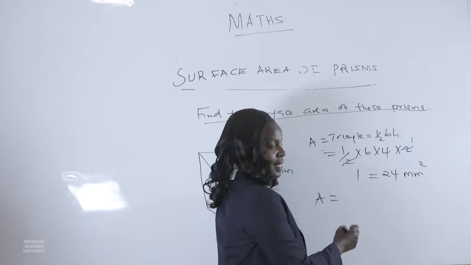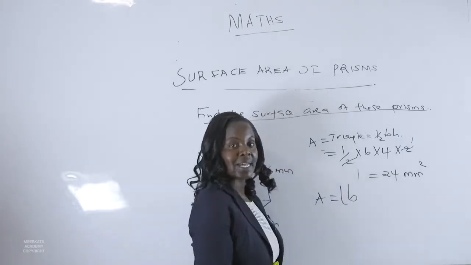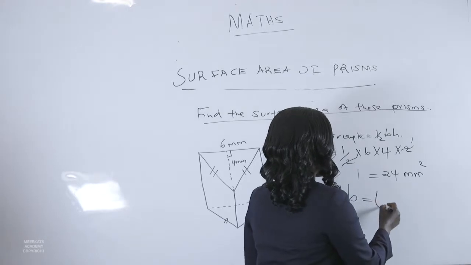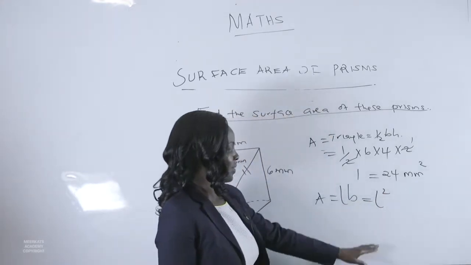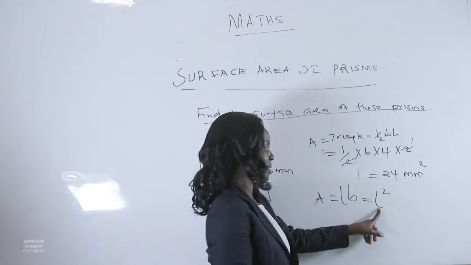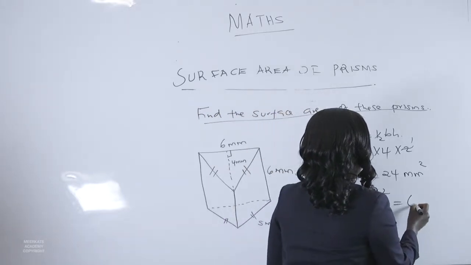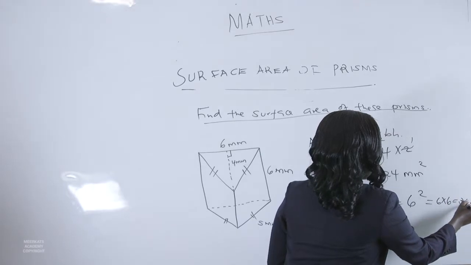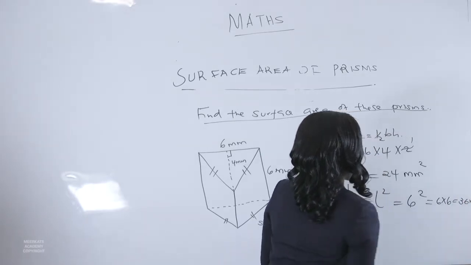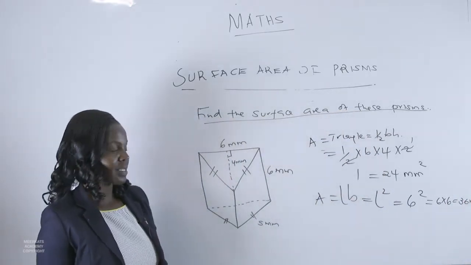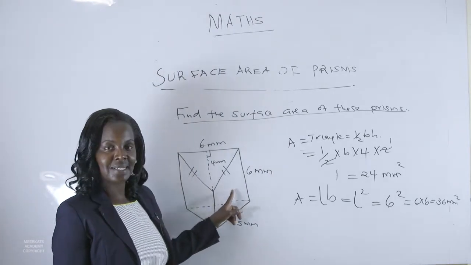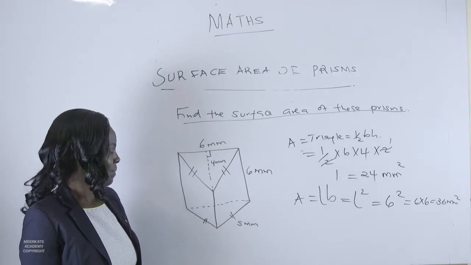Area of a rectangle is length times base. And in this case, it is a square, so that means it is length squared. So that will give us 36 square millimeters.